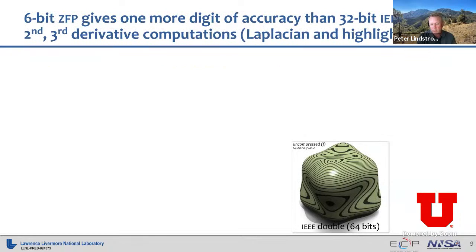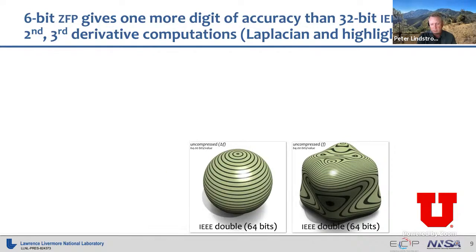So what I'm showing here is a highly nonlinear 3-dimensional field that we're going to compute the Laplacian of, and it was designed so that the Laplacian would actually be concentric circles. You're also seeing these dark bands that actually represent highlight lines that are dependent on the normal to the isosurface in this case.